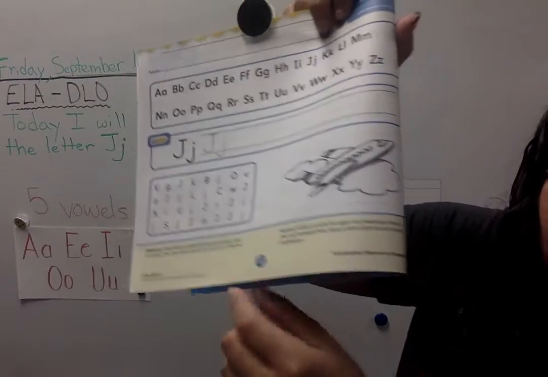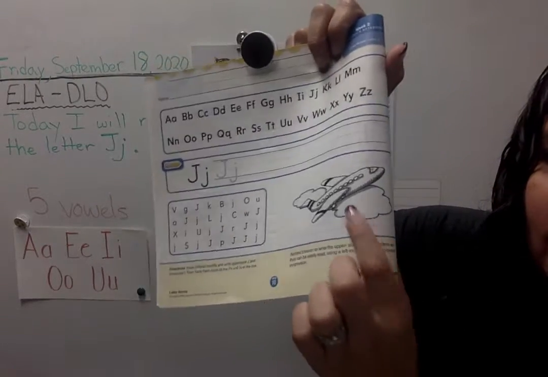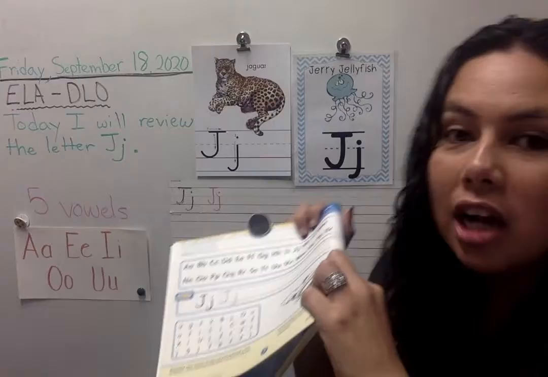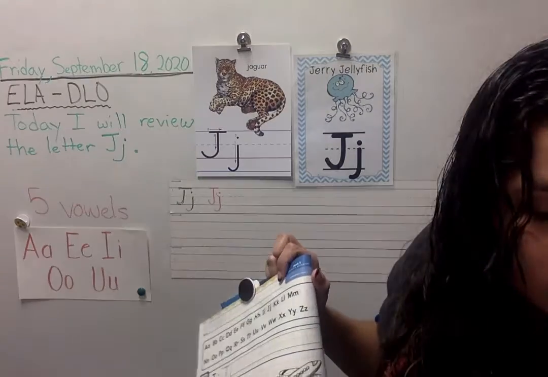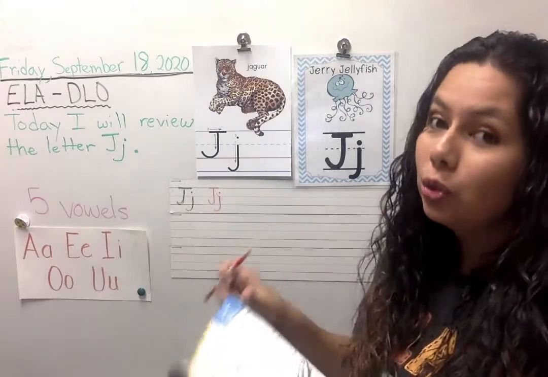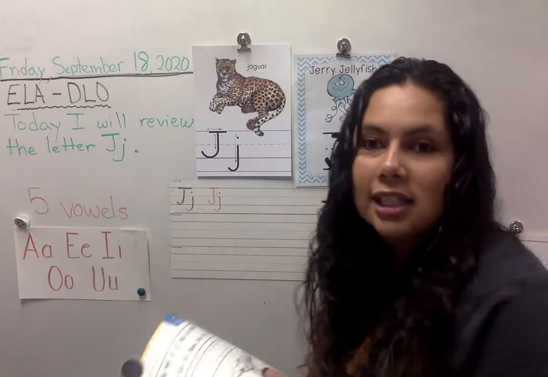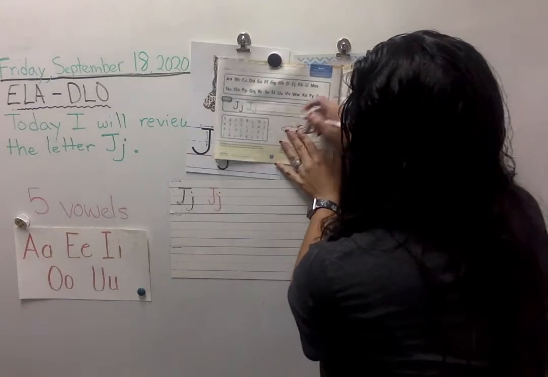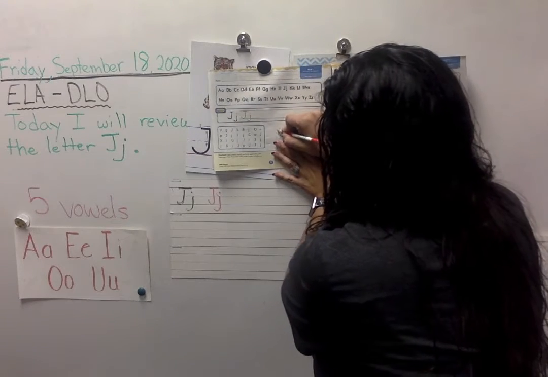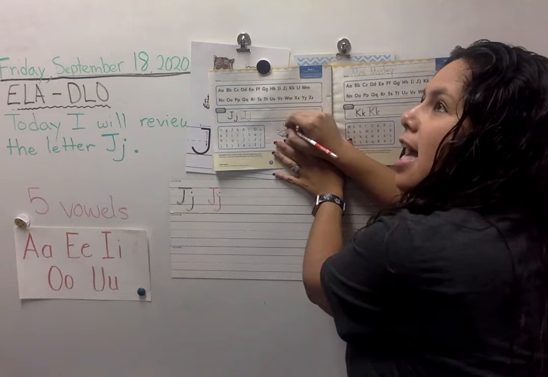Okay. So you're going to be turning to page WTK10. And we have what is that? We talked about it. It's a jet. So since you know it's a jet, I want you guys to write the word, okay? It's a CVC word. It has a consonant, which is the J. And then say eh.